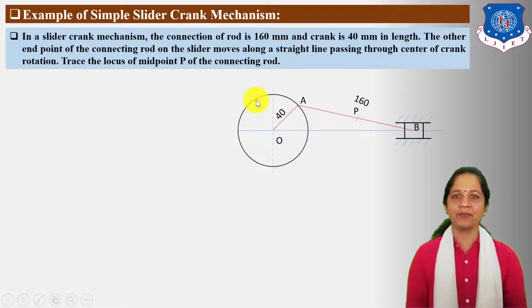When the crank completes one revolution, at that time we need to draw the locus of point P, and P is the midpoint of connecting rod AB.